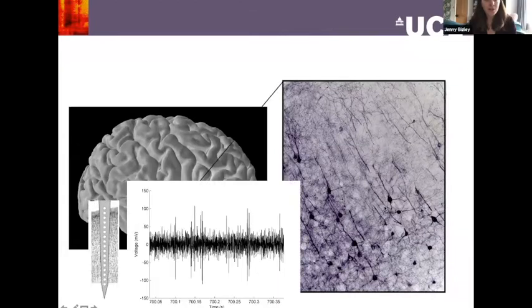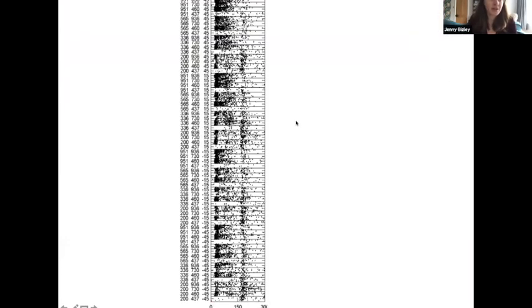The things we're interested in are these very rapid deflections here that we call action potentials or spikes. Essentially, this raw data is changed into a series of times at which these spikes occurred, and that gives us data that looks something like this.